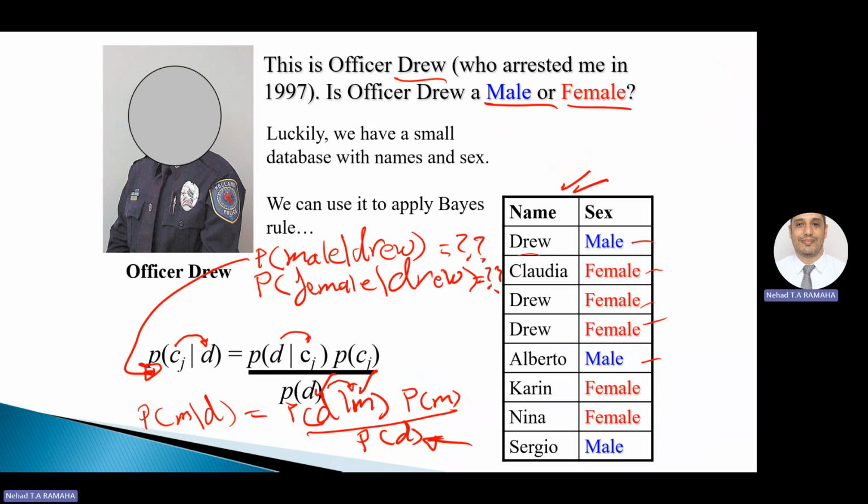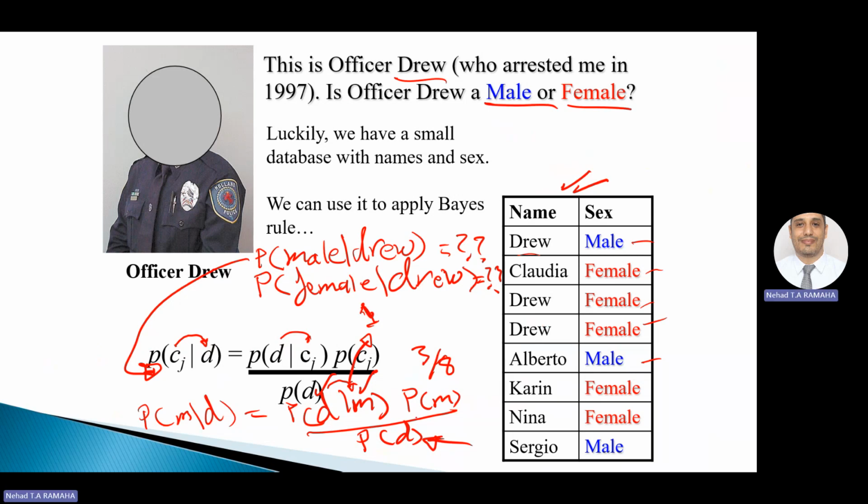This is the probability of males: 3 males over the total number, which is 1, 2, 3, 4, 5, 6, 7, 8. So over 8. And this one D true, but we have 1, 2, 3. No, not the 3 D true.